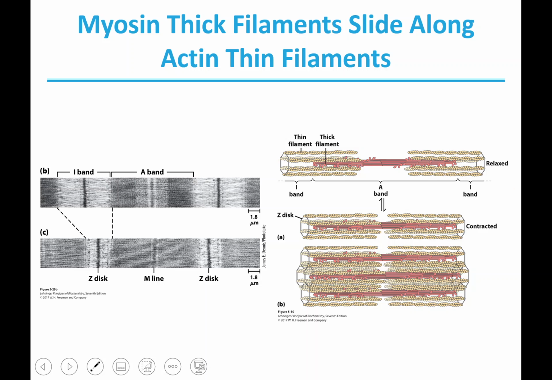When the muscle contracts, the myosin head groups walk along the actin filaments. The thick filament myosin walks along the actin thin filaments, which you can think of as moving the actin filament structures closer together.